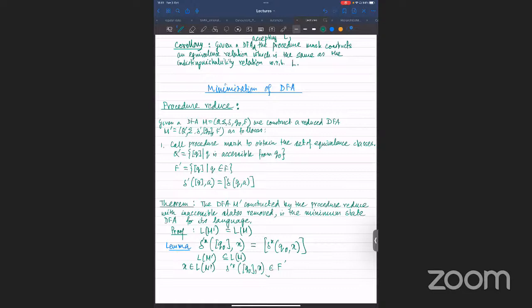Or you can say this is equal to some Q that belongs to F prime. And next what? If this is the case, then Q has to belong to F, right? And next what?